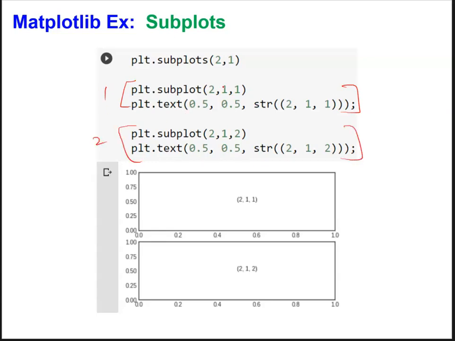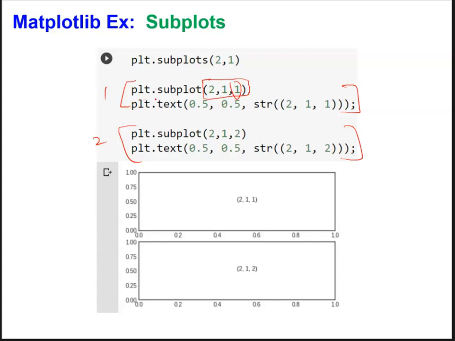Now, notice this is plt.subplots with an S, and this is just plt.subplot, and then you're telling Matplotlib to place this graph, or whatever you want to plot, at location 1. So 211 is the location of this graph, and whatever you want to plot inside this graph.